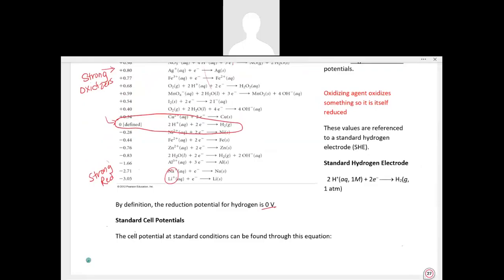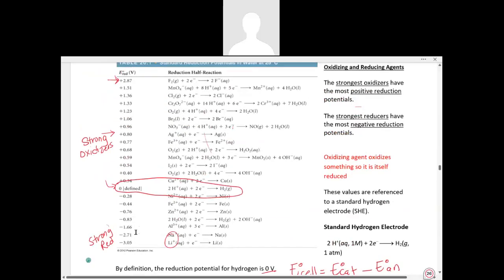So for an example here, say we had a zinc electrode at our anode, and then we had our hydrogen reduction potential at our cathode. We could solve for our cell potential using this equation where we have E of the cathode minus E of our anode, and we could plug in these values as is from our table here.